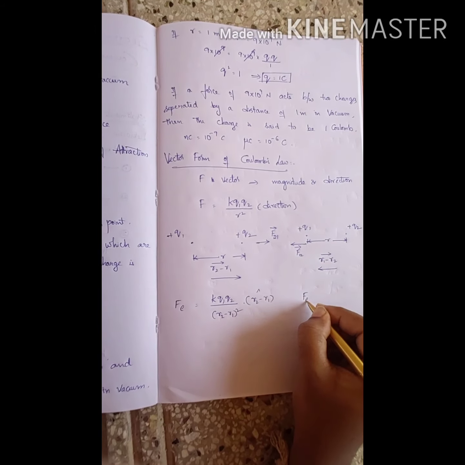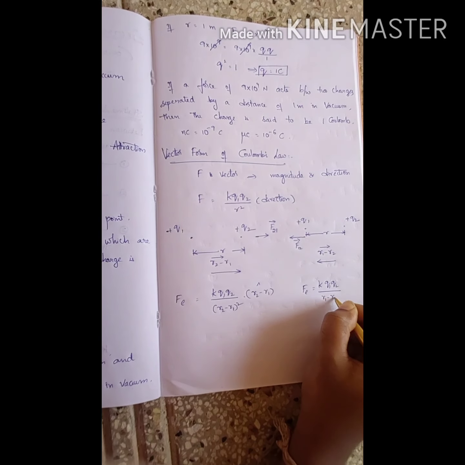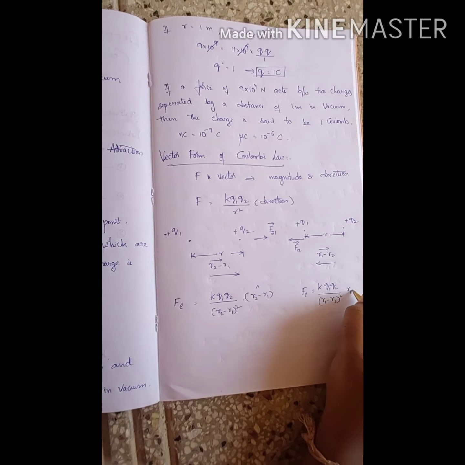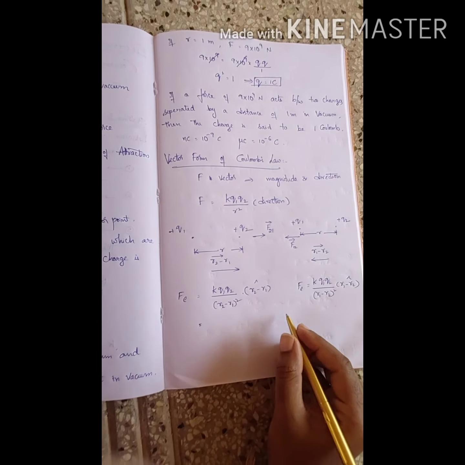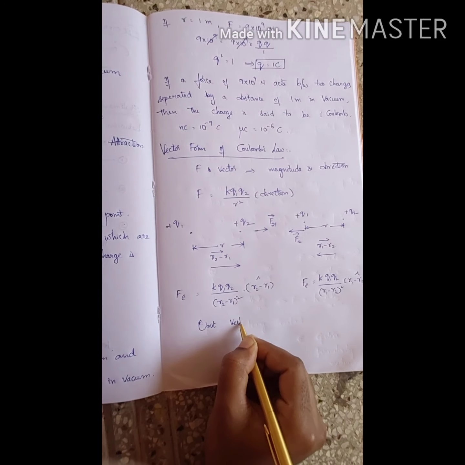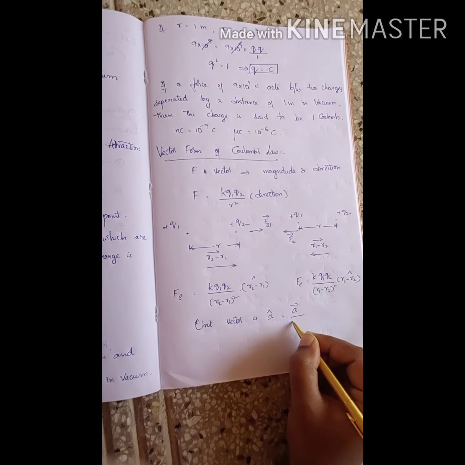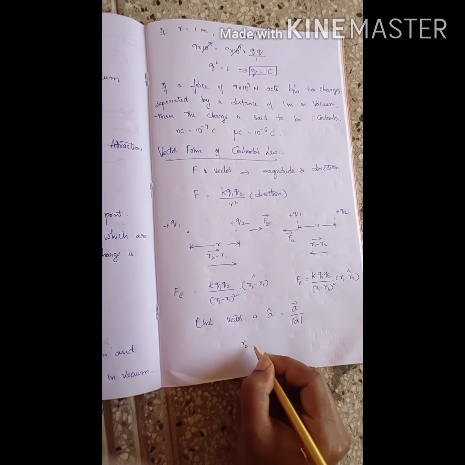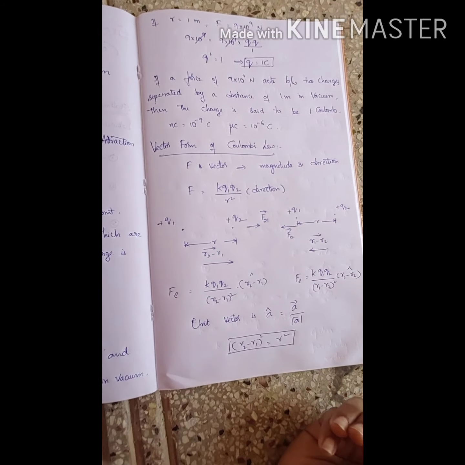So here we will be writing K Q1 Q2 by R1 minus R2 whole square into R1 minus R2 cap. Now how will you write a unit vector? Unit vector A cap is equals to A bar by mod A. So R2 minus R1 whole square is nothing but R square. This is just for your reference.